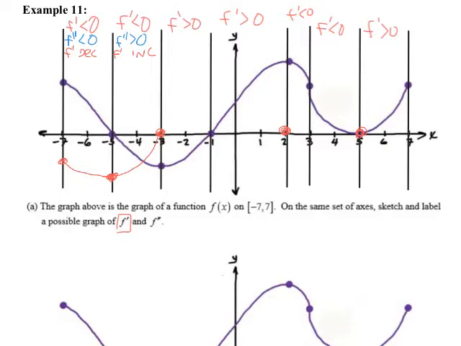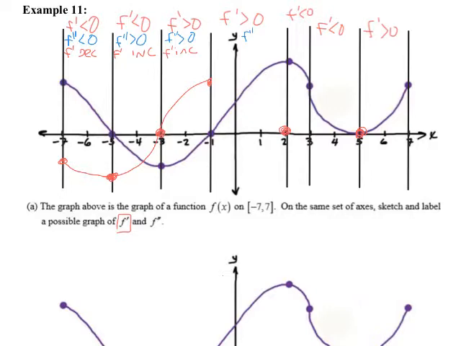In the next interval, our concavity is still greater than 0, so f prime is going to still be increasing. So we go increasing.